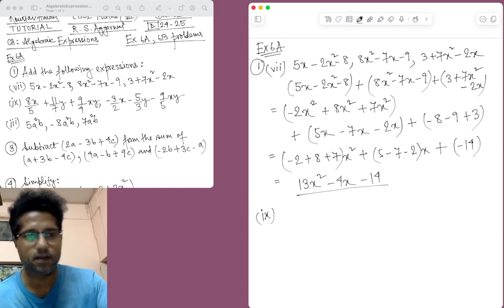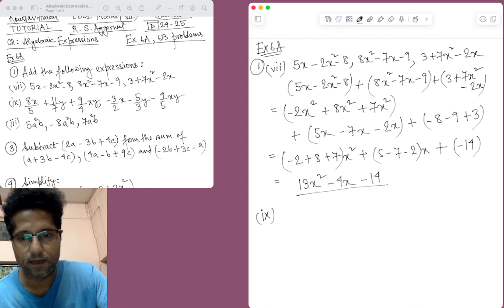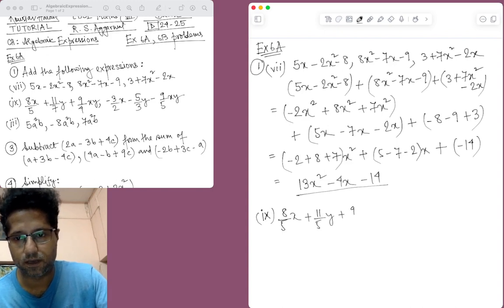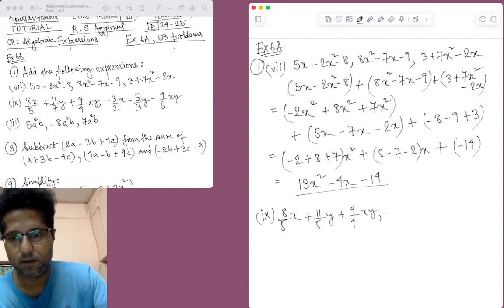Let's do question number 1, part 9. This is 8 by 5x plus 11 by 5y plus 9 by 4 xy, comma, minus 3 by 2x minus 5 by 3y minus 9 by 5xy.